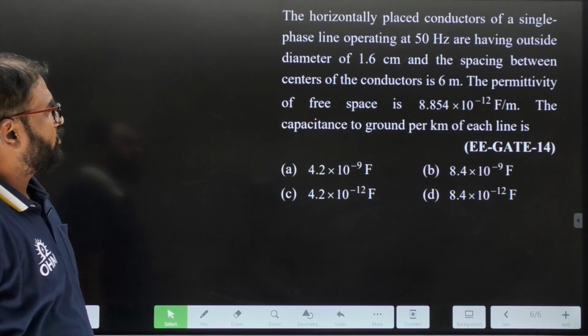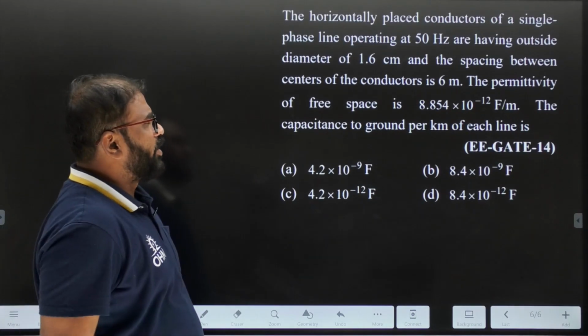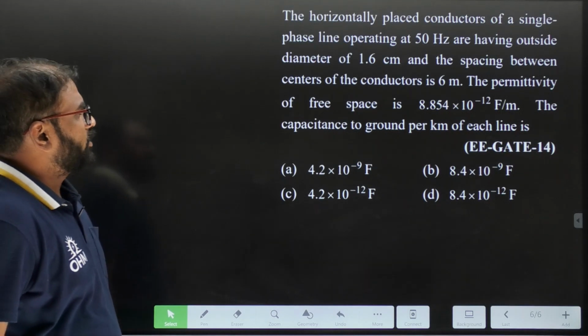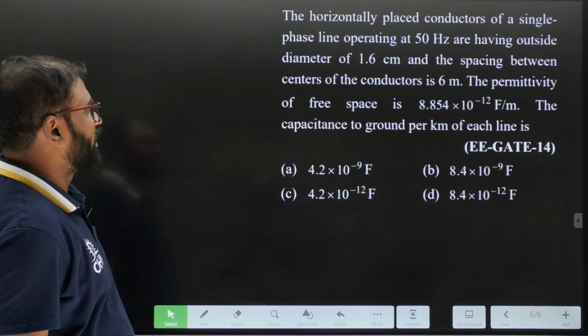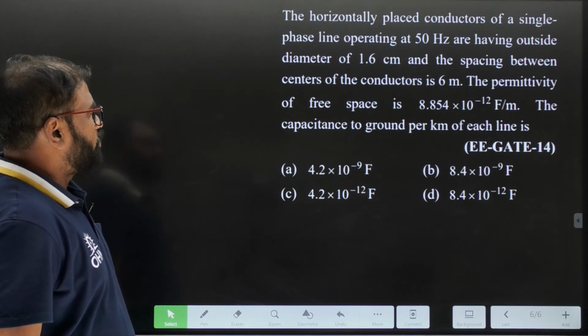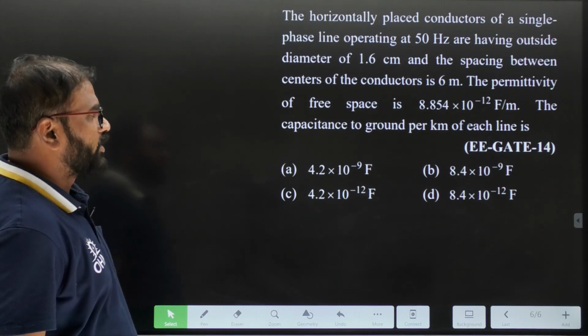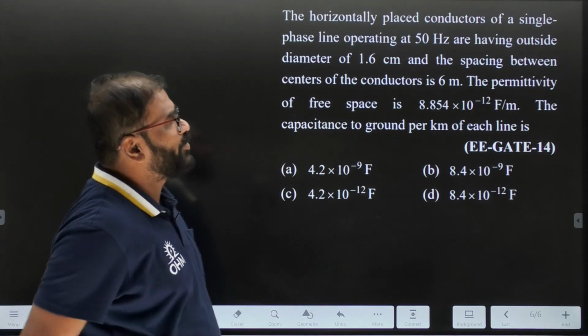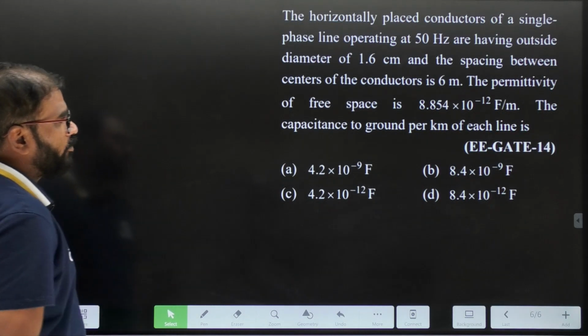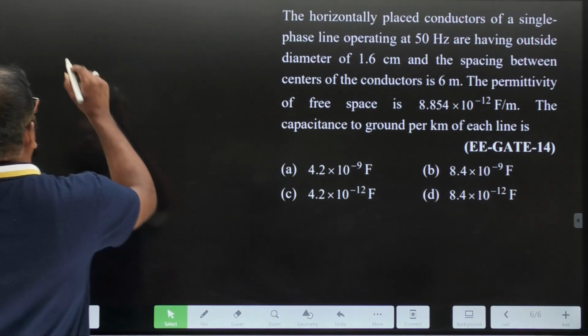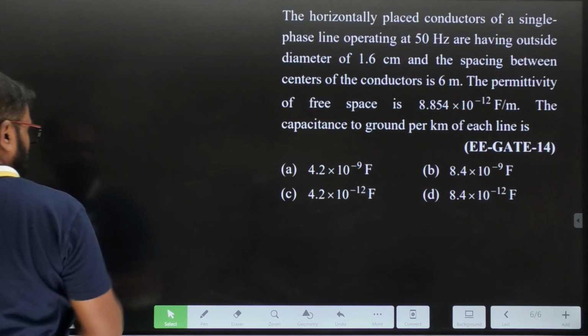Let's see, in this question, it's a single phase system clearly mentioned, and the diameter of the conductors is given, 1.6 centimeters. And the spacing between the centers of the conductors is 6 meters. The permittivity of free space, that is epsilon naught, is given. The capacitance to ground per kilometer of each line is asked. Capacitance to ground means, better to say, capacitance to neutral.